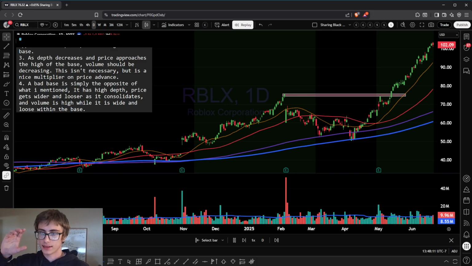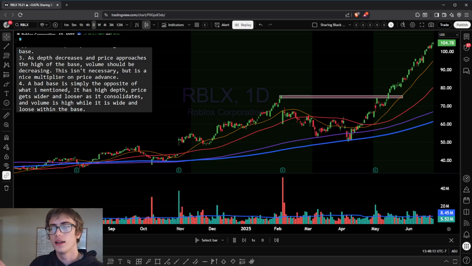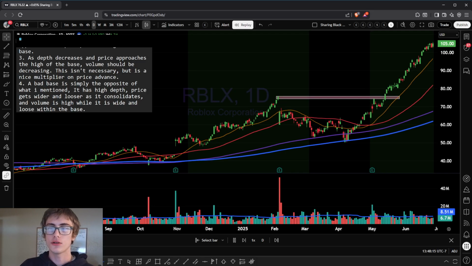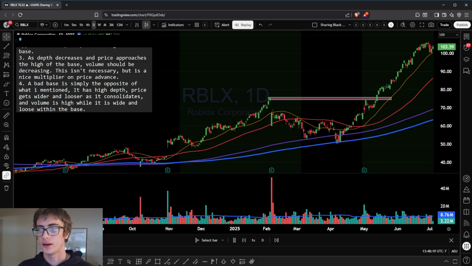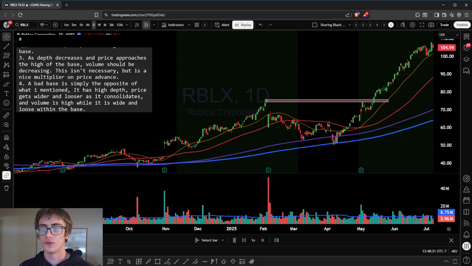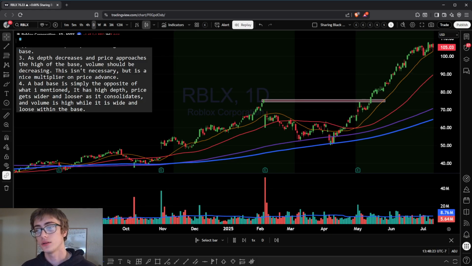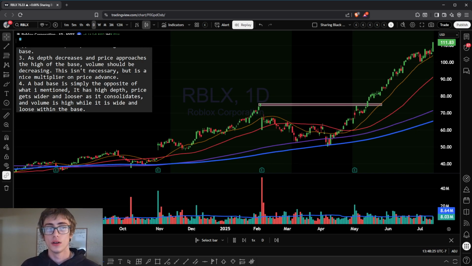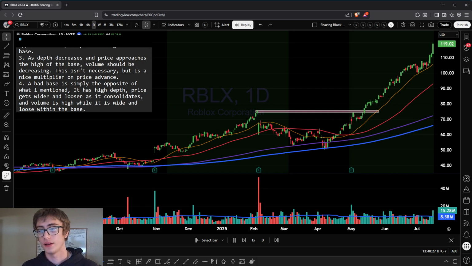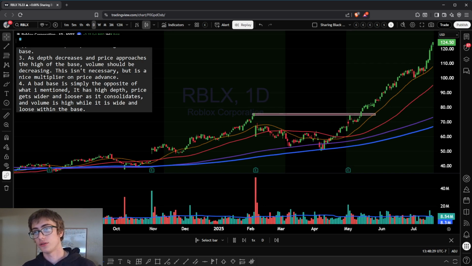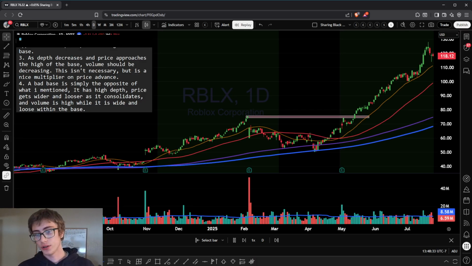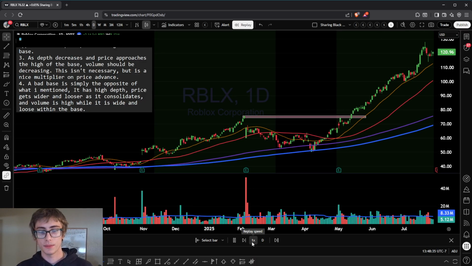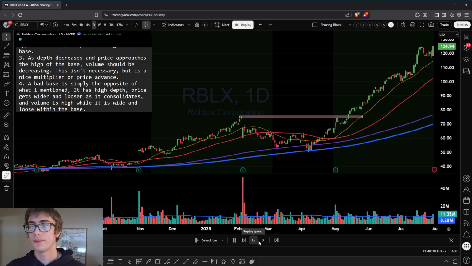It never quite tightens up and volatility decreases to where you can actually get an actionable point, right? And also volume is high while it's wide and loose within the base. So that's what I'd define as a bad base, the type of base you'd want to stay away from. I'll actually show you on Roblox, it'll be coming up here in a second, what a bad base looks like.